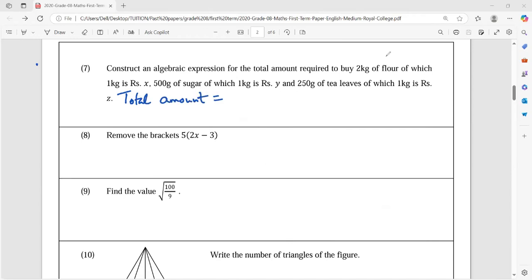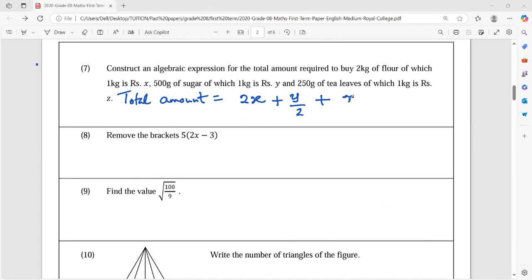is equal to 2 kilograms of flour, of which 1 kilogram is X. That means it should be 2X, and plus 500 grams of sugar, of which 1 kilogram is Y. That means Y divided by 2. If 1 kilogram is Y, 500 grams should be Y divided by 2, and 250 grams of tea leaves, of which 1 kilogram is Z rupees.